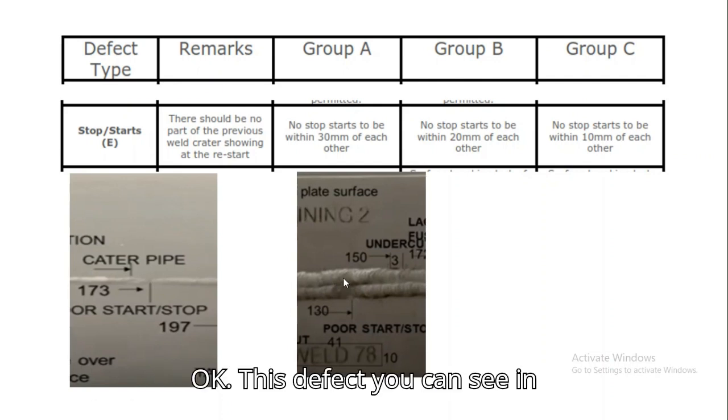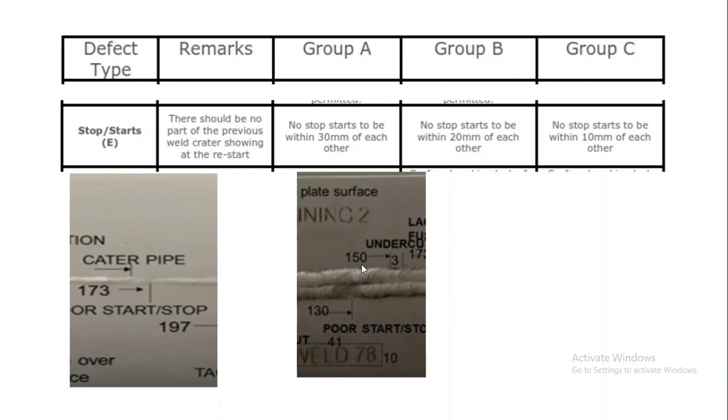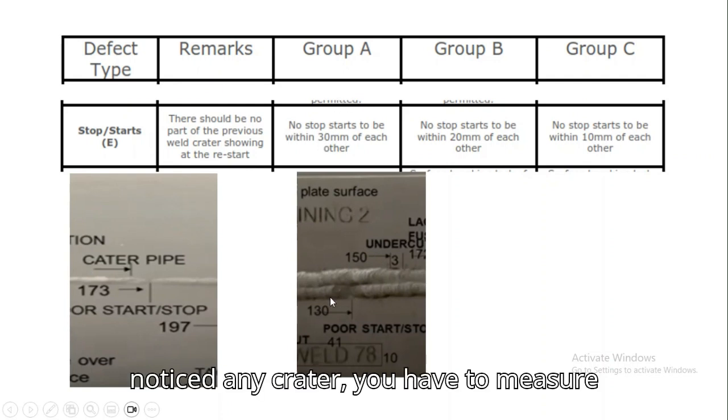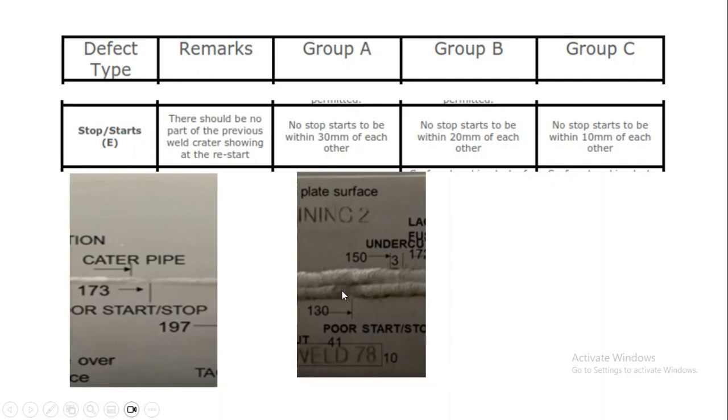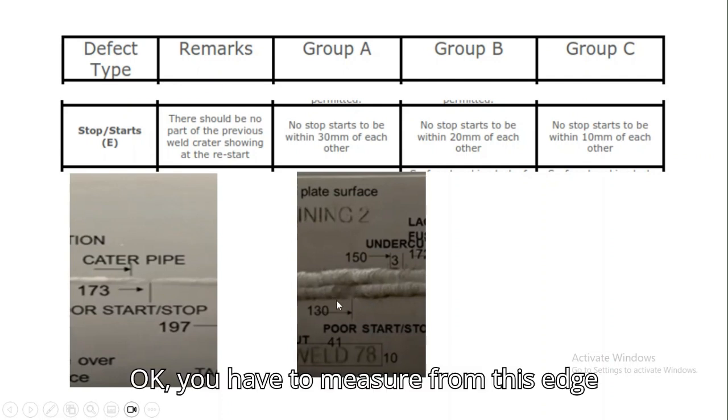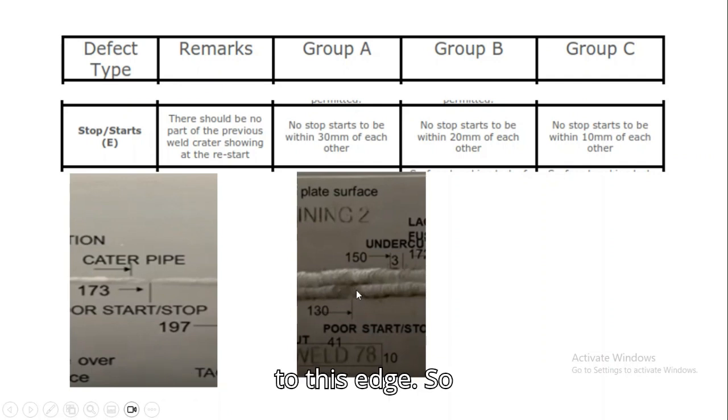This defect you can see in restart. During the restart, this type of defect will occur. It's basically due to an unskilled welder. If you notice any crater, you have to measure the length from edge to edge, from this edge to this edge, where it finishes.